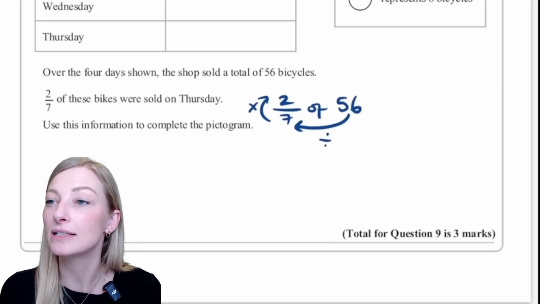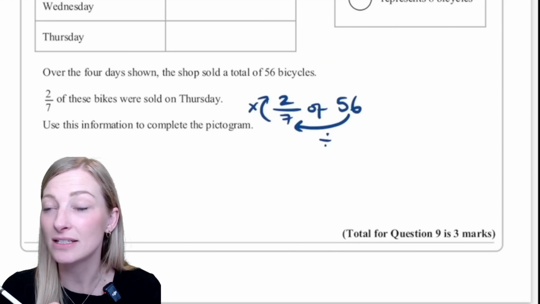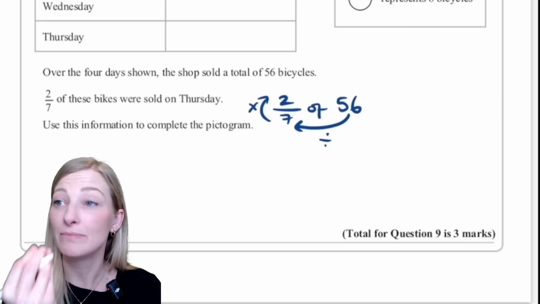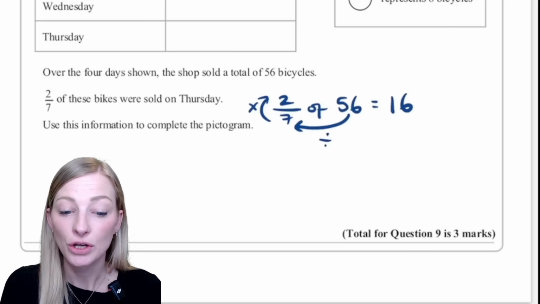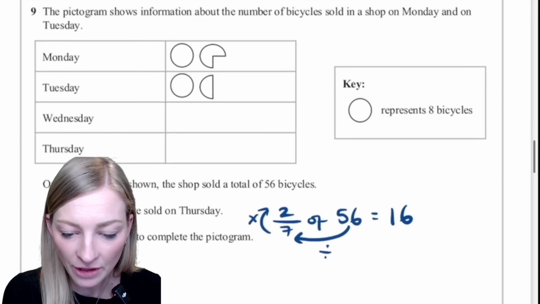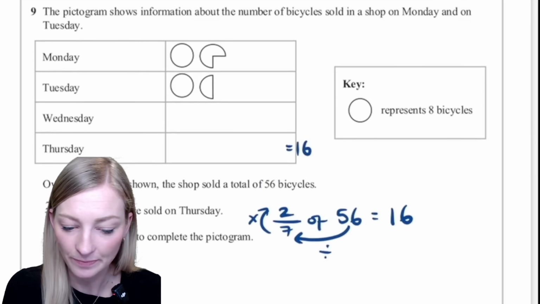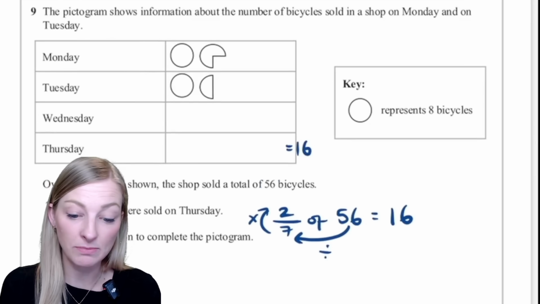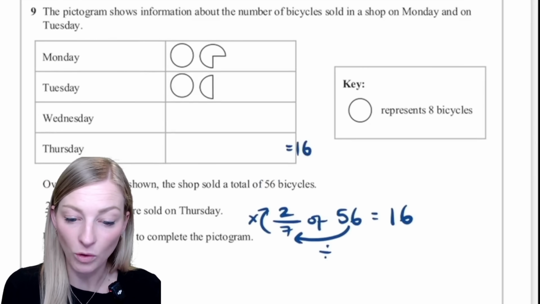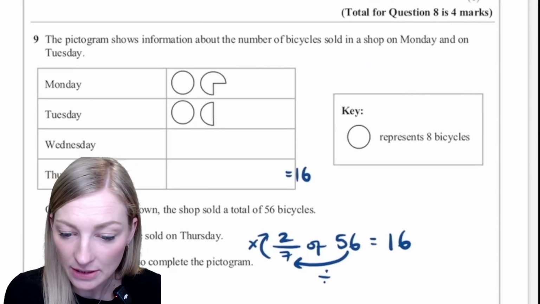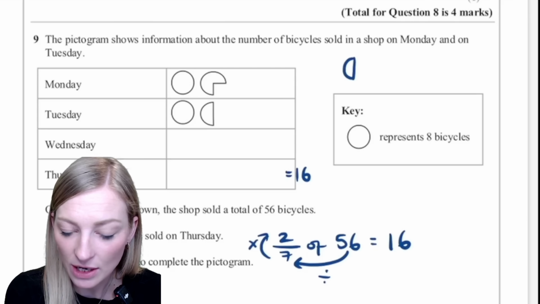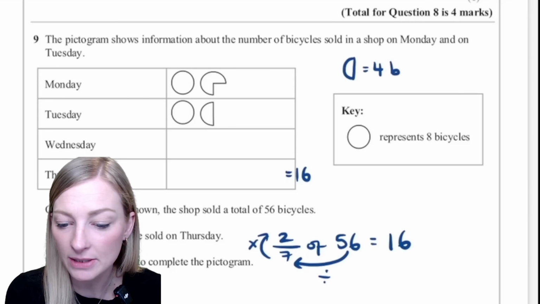So 56 divided by 7 is 8. You're then going to take that 8 and multiply it by 2. So 8 times 2 is 16. So we therefore know that Thursday needs to be 16. And then the rest of the bicycles must be on Wednesday. So let's work out what Monday is representing. We know that a full circle is 8 bikes, which means that a semicircle like that would be 4 bikes.